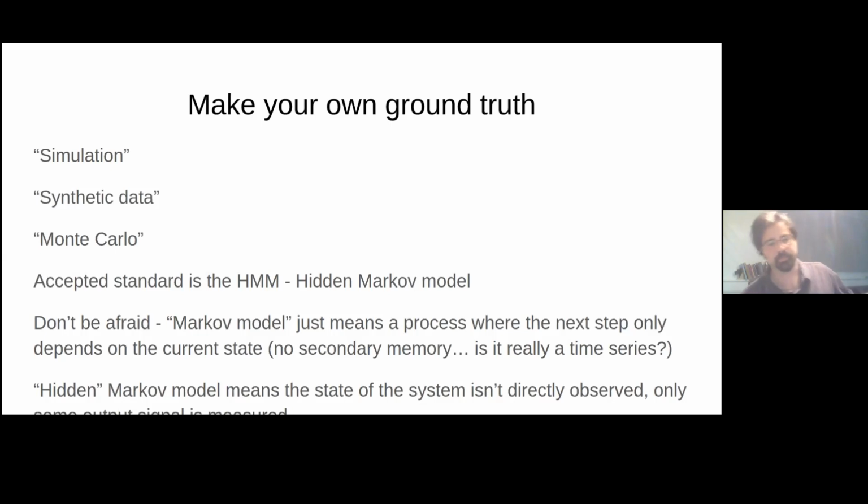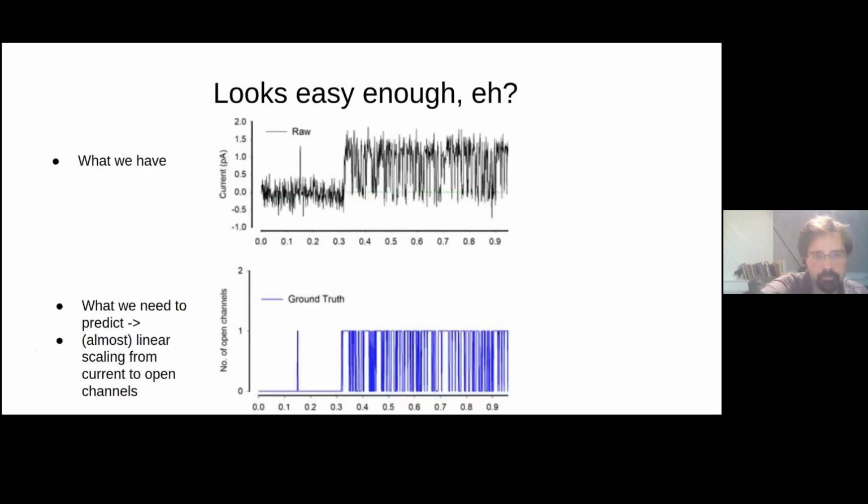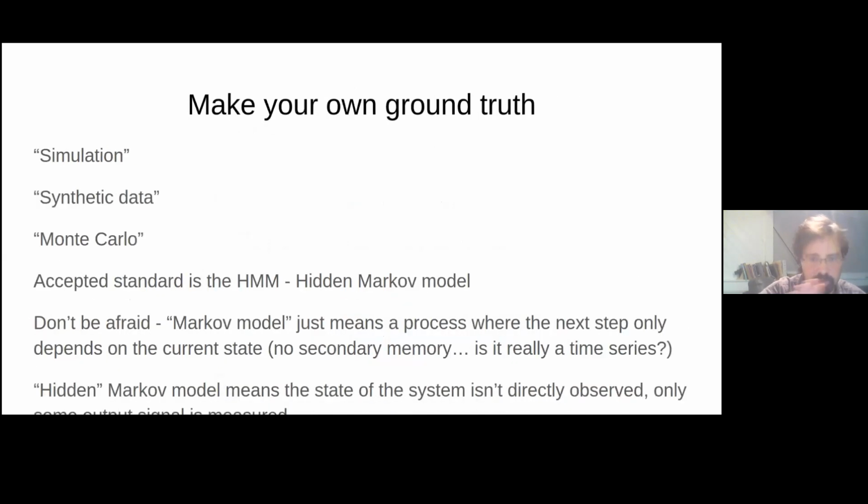Just some output signal is measured, which in our case is the current. That doesn't actually tell you the state of the system. The state is more complicated, so many states might give the same output signal, and we don't have a direct way of measuring this hidden state.